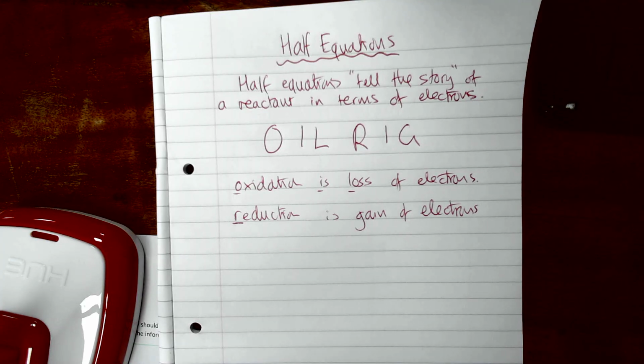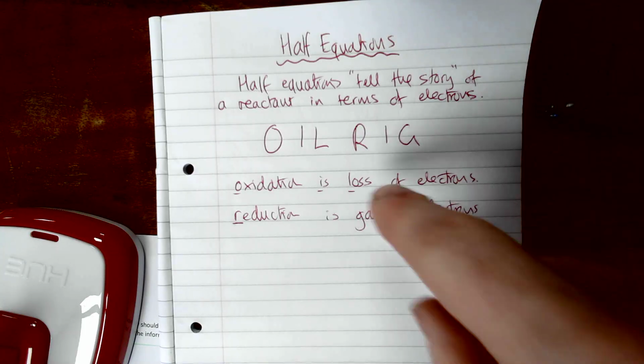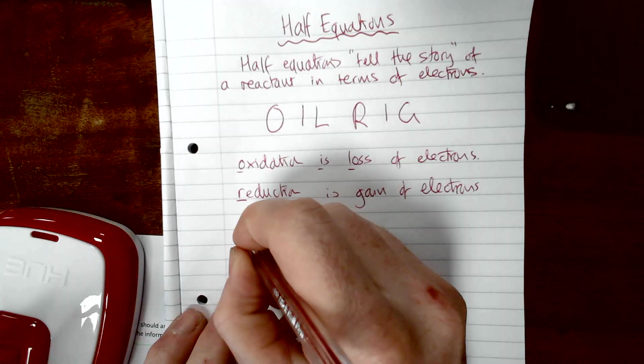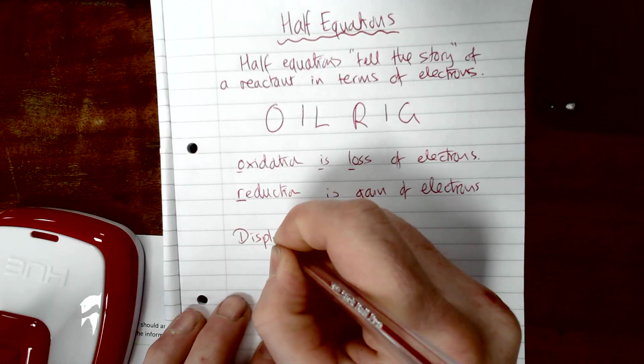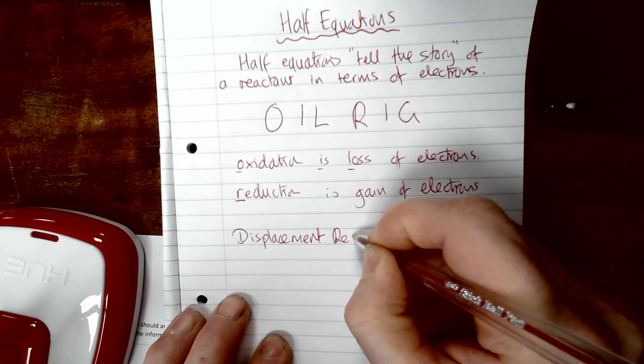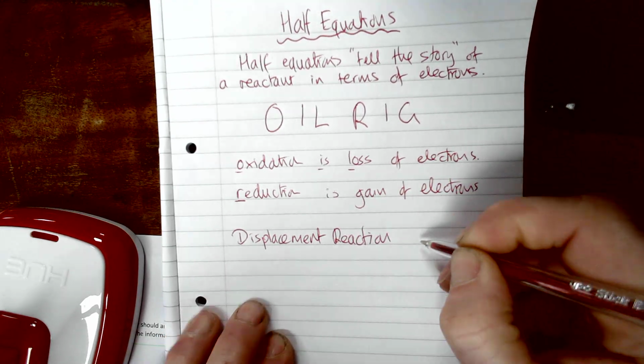In fact, the types of examples we're going to start off with are going to be fairly straightforward. They're going to be displacement reactions. All right, so we're going to look at half equations in terms of displacement reactions. So that's where we're going to start, because it's sort of where we ended the last lesson.